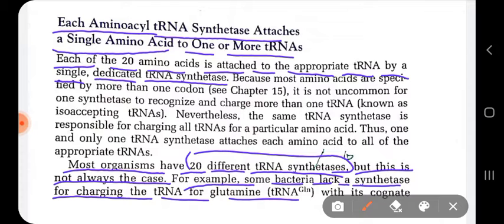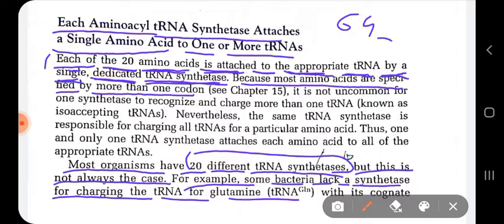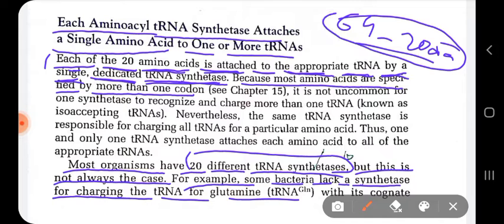That's why in the previous paragraph it has been written that each of the 20 amino acids is attached to the appropriate tRNA by a single dedicated tRNA synthetase, because most amino acids are specified by more than one codon. There are 64 codons which have to code for 20 amino acids. So one codon is not enough, so there must be multiple codons coding for the same amino acid.